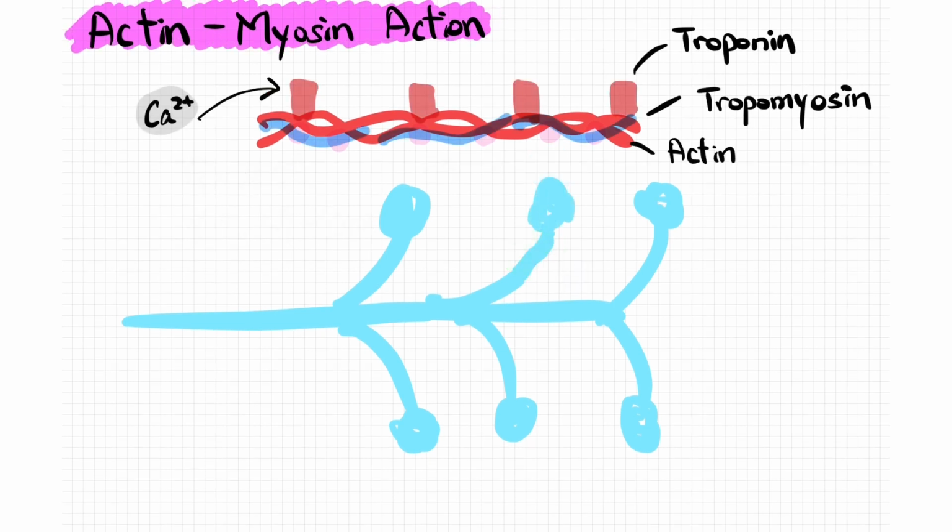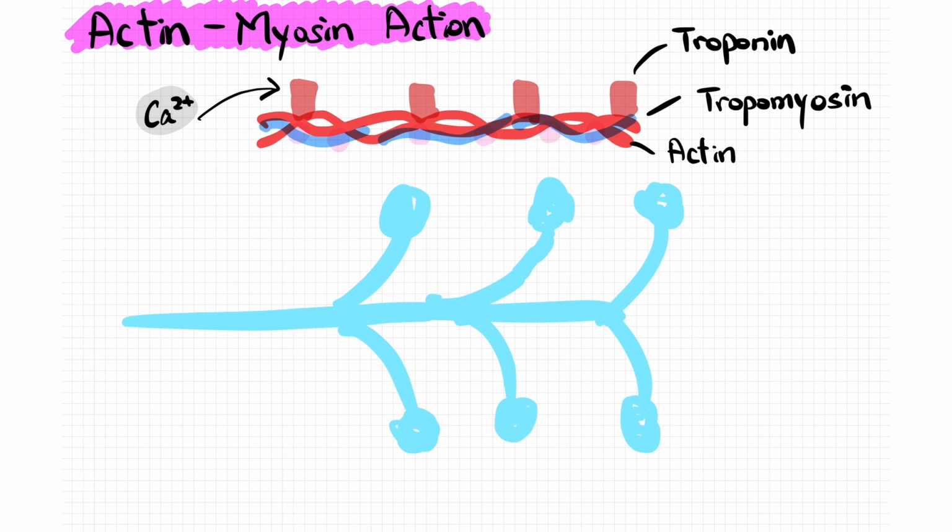Now let's chronologically look at the actin-myosin action. In a resting muscle, the actin and myosin filaments are positioned so that they partially overlap, but there is no direct interaction between them. Calcium ions are stored in the sarcoplasmic reticulum and the muscle is relaxed. And when a motor neuron sends an action potential to the muscle fiber, it travels along the sarcolemma and T-tubules.